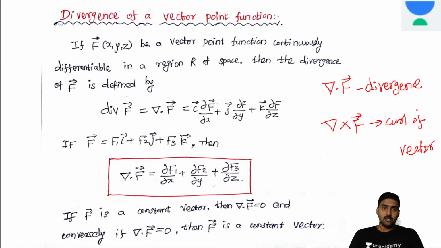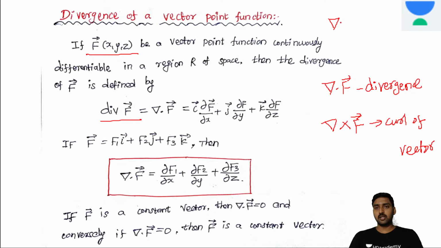Now coming to the f vector. f vector of x, y, z is a vector point function, and the divergence of the vector is called div f vector or del dot f vector. It's equal to i vector into dou f vector divided by dou x, plus... actually, in the scalar field we have completed this.